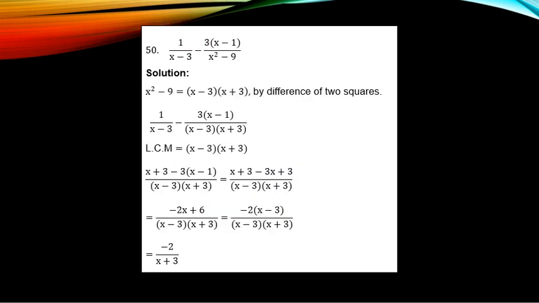Example 50, we have another balanced fraction, 1/(s - 3) minus 3(s - 1)/(s² - 9). In lesson 8, I talked about difference of two squares, and if you remember very well, s² - 9 can be expressed as a difference of two squares because you have s² - 3².